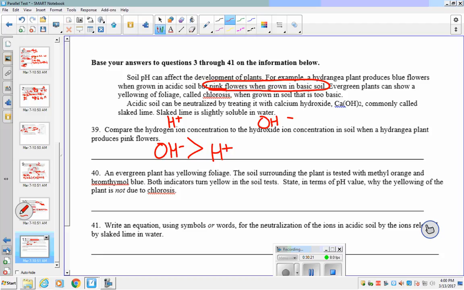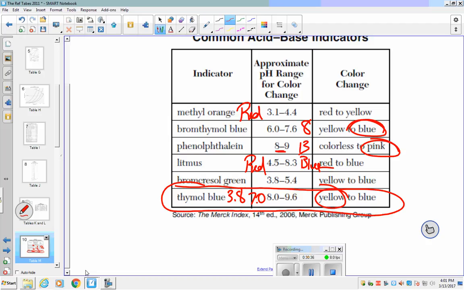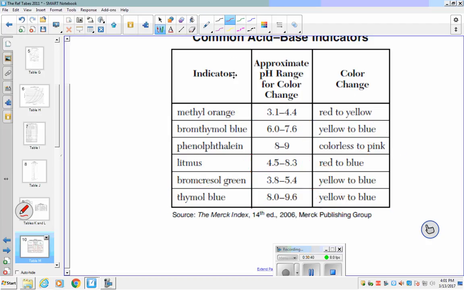An evergreen plant has yellowing foliage. The soil surrounding the plant has been tested with methyl orange and bromothymol blue. Both turn yellow in soil test. So you're going to go to your table M, and we're going to look at some possible pHs here. So methyl orange is going to be yellow. So if methyl orange is yellow, we're over here on this side, kind of the higher pH range.